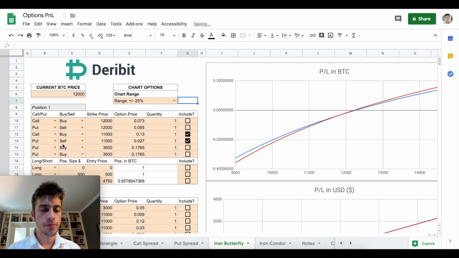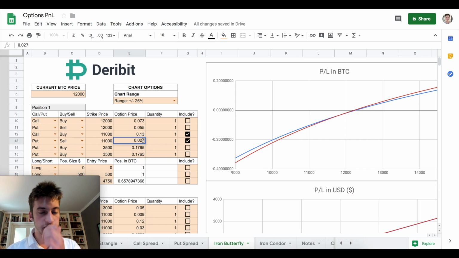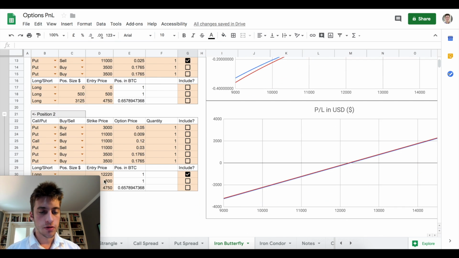And if we were to sell a put, what price could we get for the 11,000? We will be selling it at 0.025, as you can see. That's right in between the mark and the best offer. So 0.025.